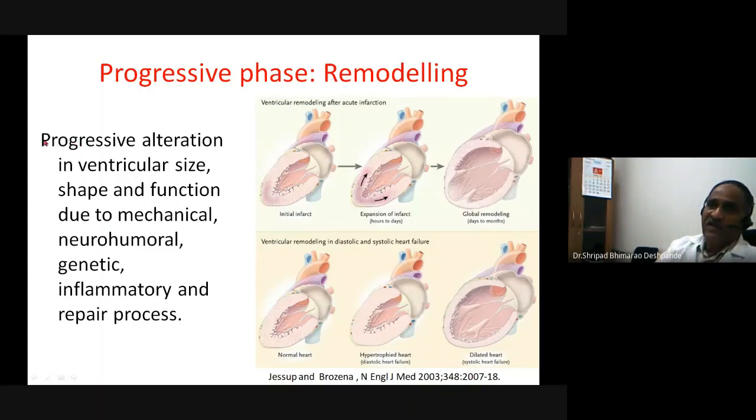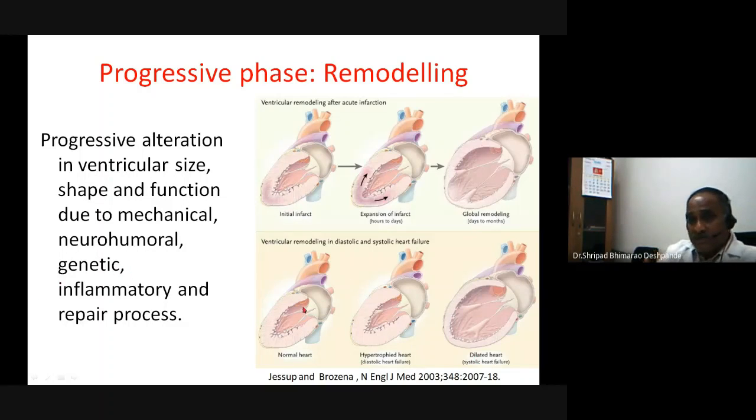So now, if I come back here, the progressive alteration in the ventricular size. That means I want to define remodeling here. It is the progressive alteration in the ventricular size, shape, and function, due to mechanical factors because of the pressure, or neurohumoral factors because of the sympathetic system, that is norepinephrine or angiotensin 2, aldosterone, or other hormones, or genetically getting expressed with new molecules that may produce apoptosis.